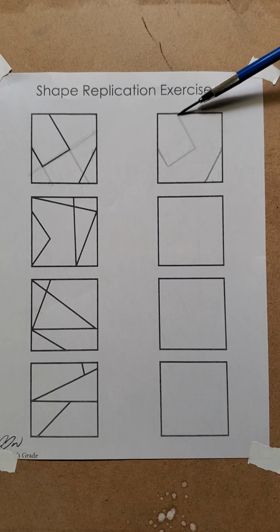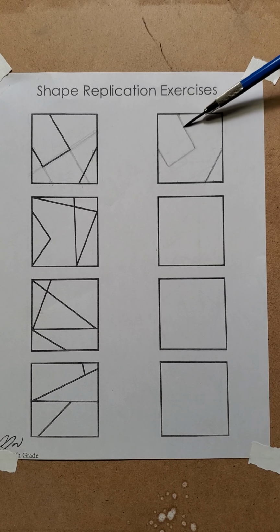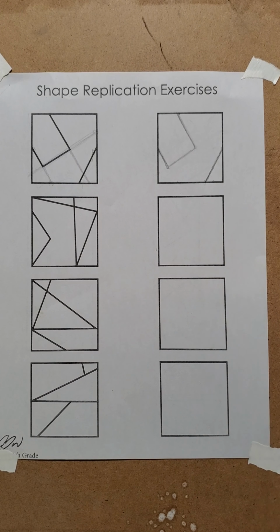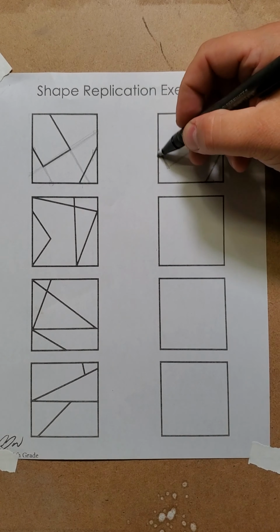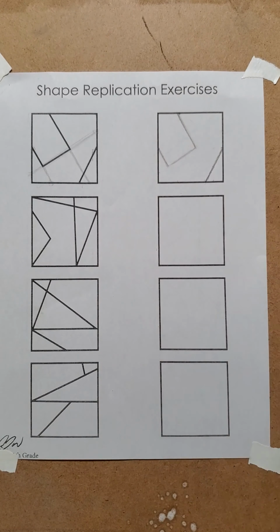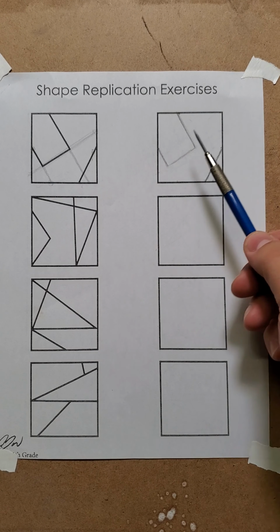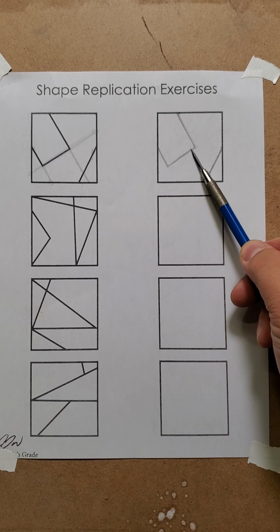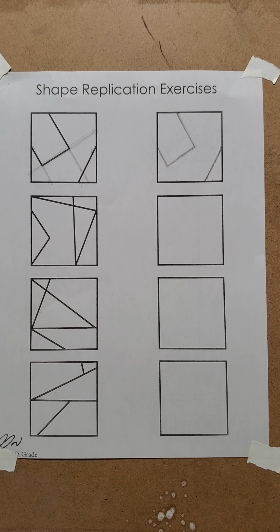Notice again, I'm using the side of my pencil. I won't always use the side of my pencil, but at the beginning of the process, we'd like to use the side of our pencil so we don't incise into the paper and make it difficult to erase later. And there is our shape replication.